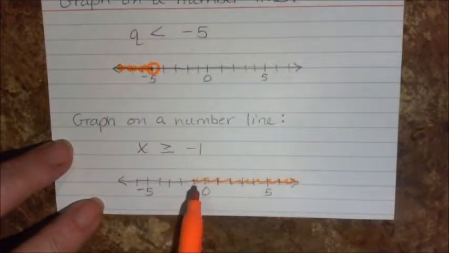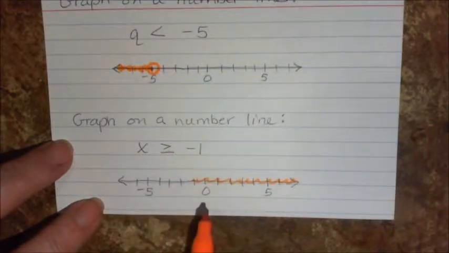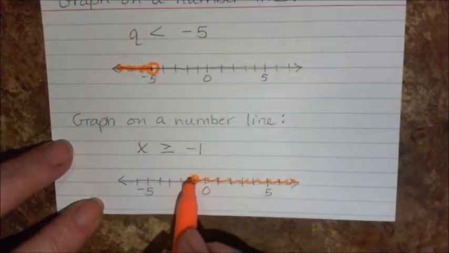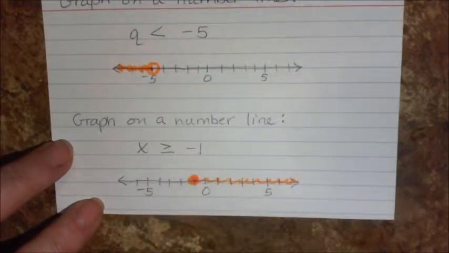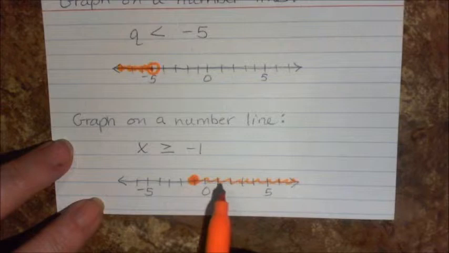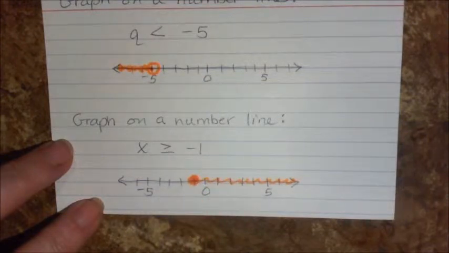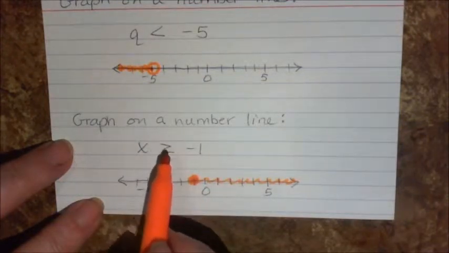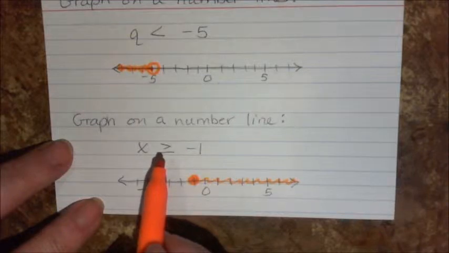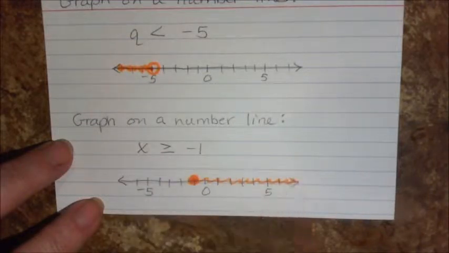And do we include -1? Yes, because of the or equal to, that point makes it true. So -1 is shaded to the right, including -1. And remember, again, you can trust the direction of that inequality as the same direction of the number line.